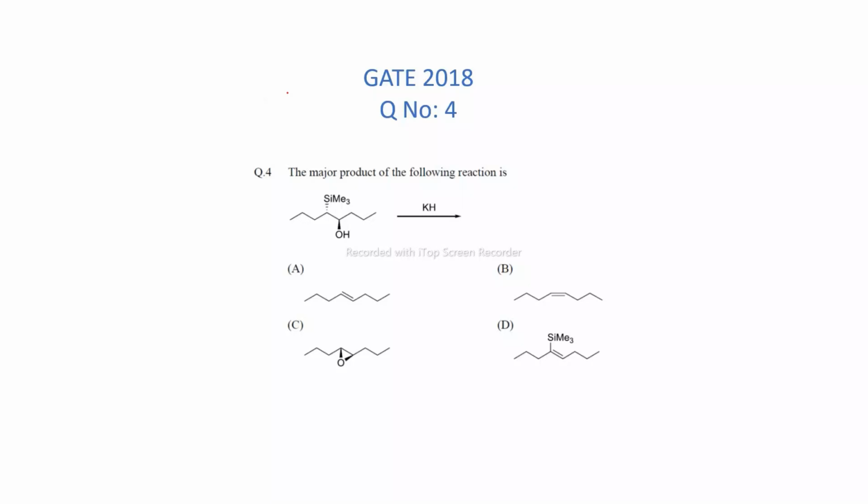Hi everyone. Now we will solve one question from GATE 2019, question number 4. First read the question and try to tell me what the answer is: A, B, C, or D. Can anyone tell me the answer?